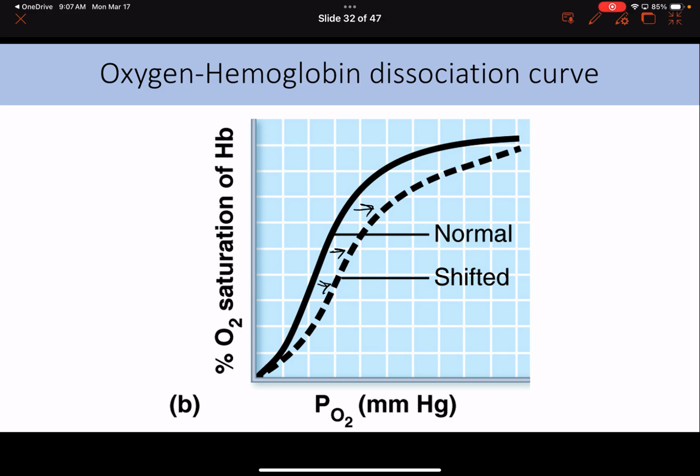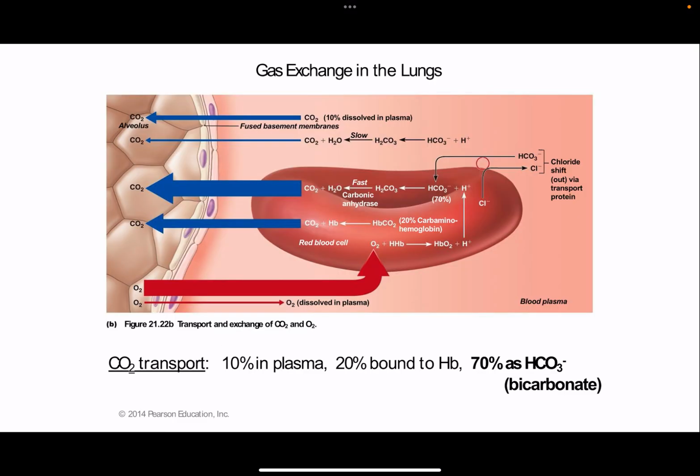Okay, so that's all about oxygen transport. Now we have to talk about CO2 transport. And you need to memorize these percentages. 10% of our CO2 is dissolved in plasma, just floating around by itself as CO2. 20% of it is bound to hemoglobin, but it's bound to the globin chain.